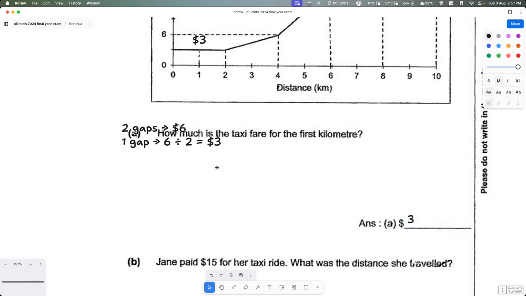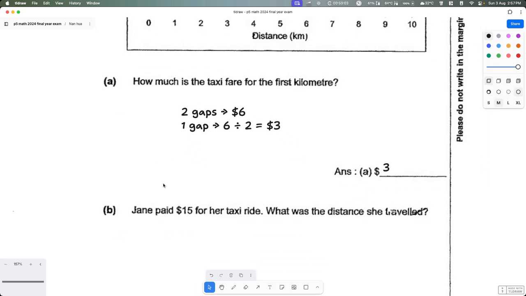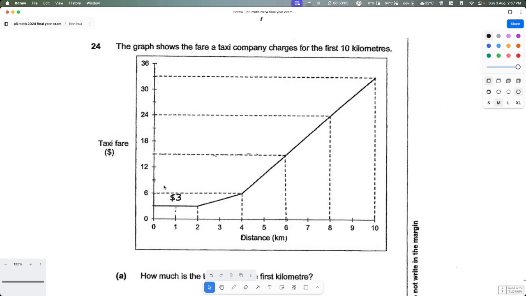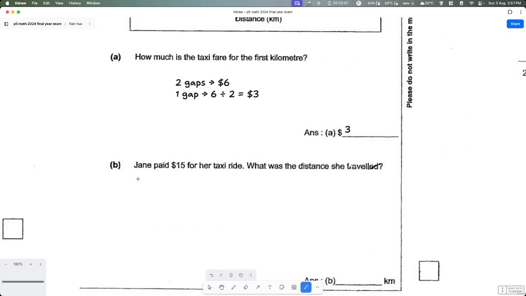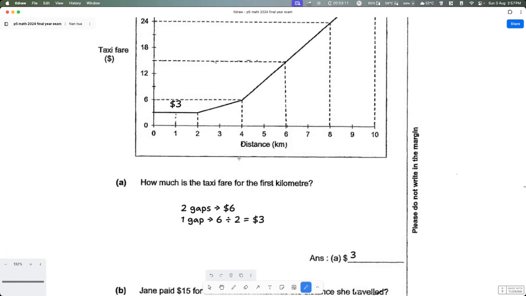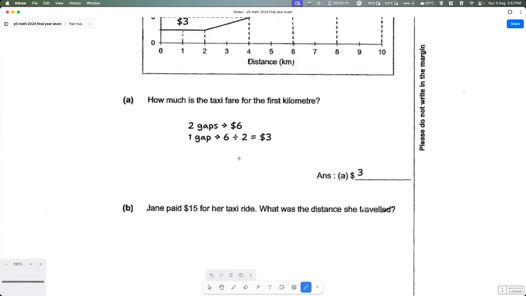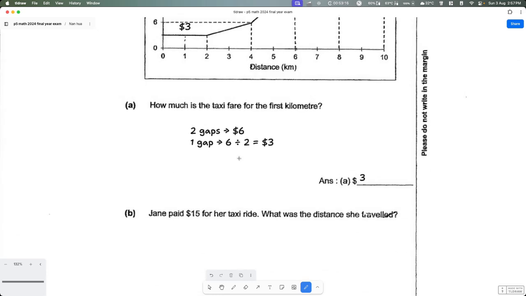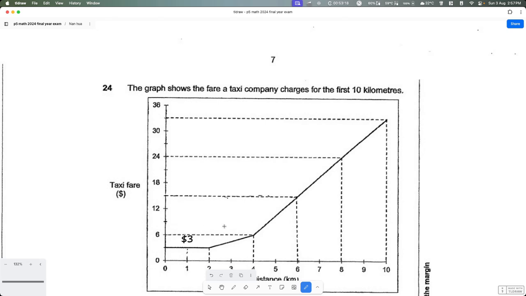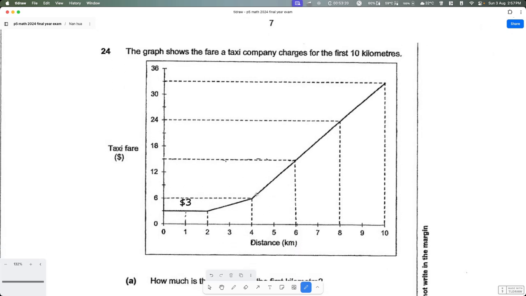Pretty straightforward. Let's move on to 24 part B. Jane paid $15 for a taxi ride. What's the distance she traveled? Let's calculate the different distances. We know this is $3, and this is $6.